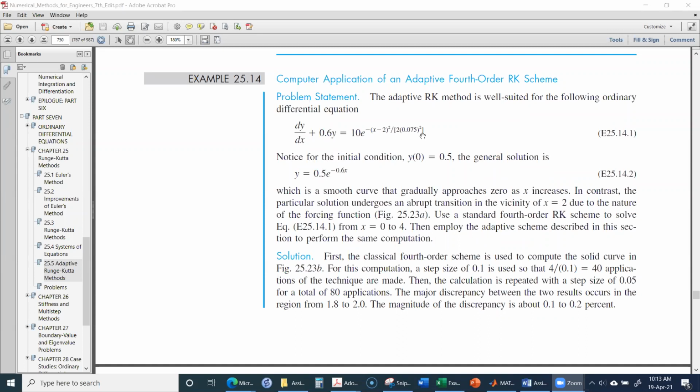If we don't have this term on the right hand side, that means if it is 0, its general solution will be like this.